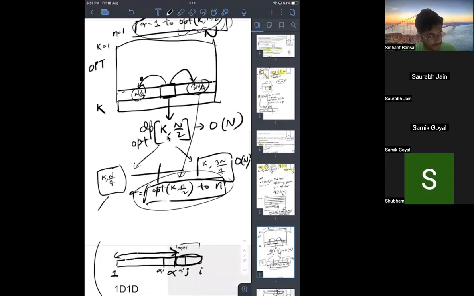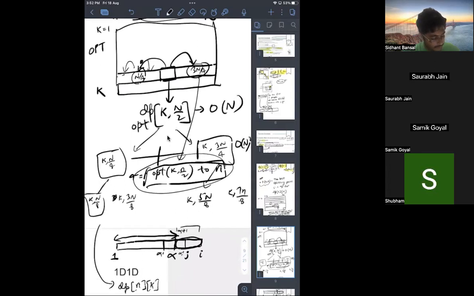That's the general idea. So k n by 8, 3n by 8. And here you get k, what will it be? 5n by 8 and k 7n by 8, I guess. Right?